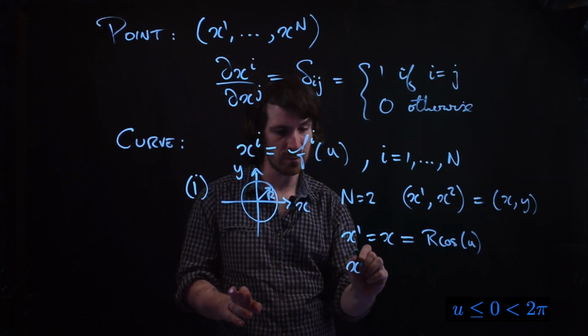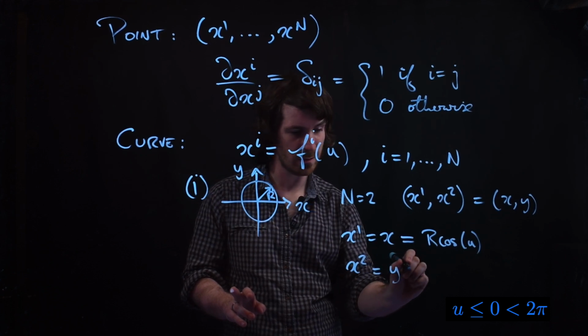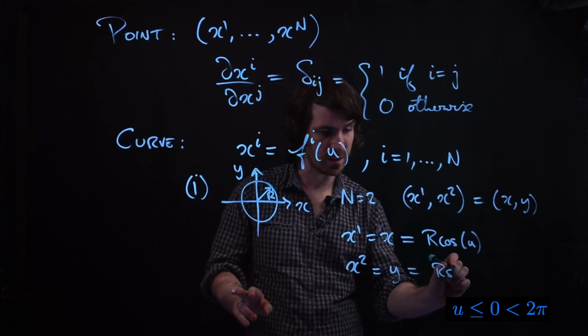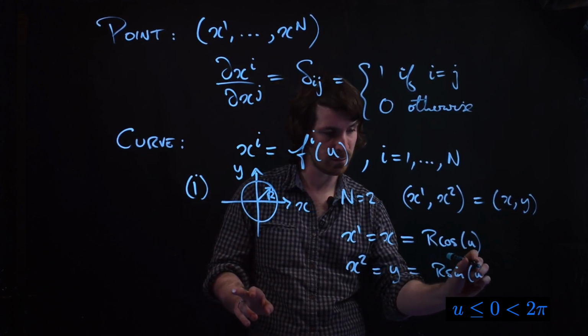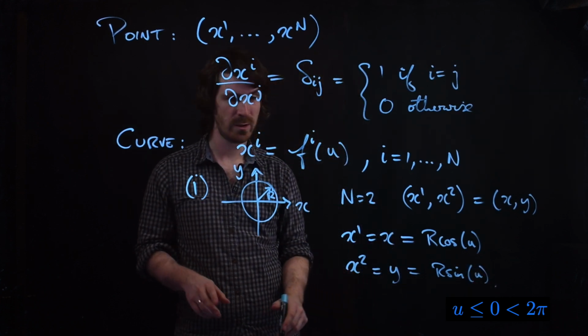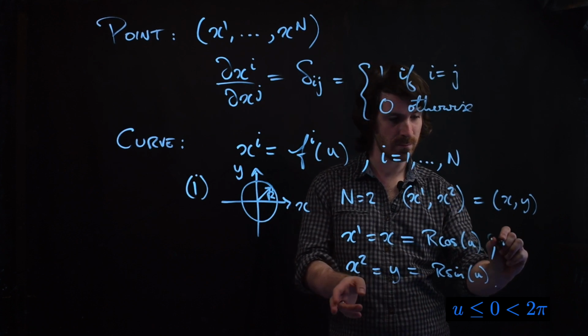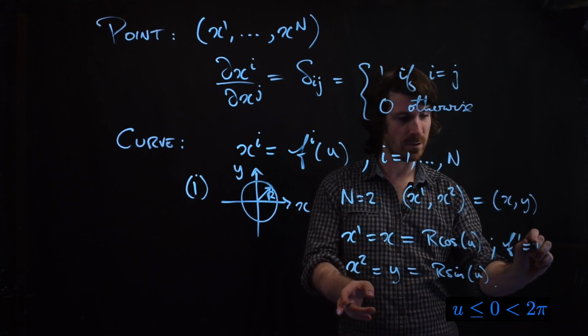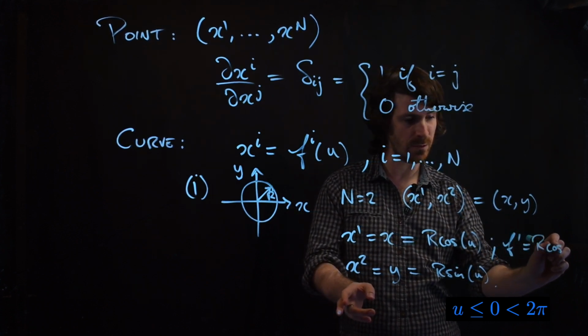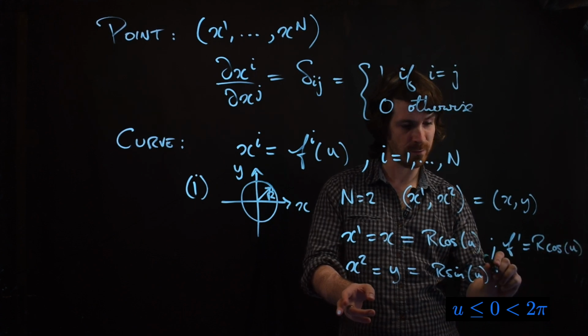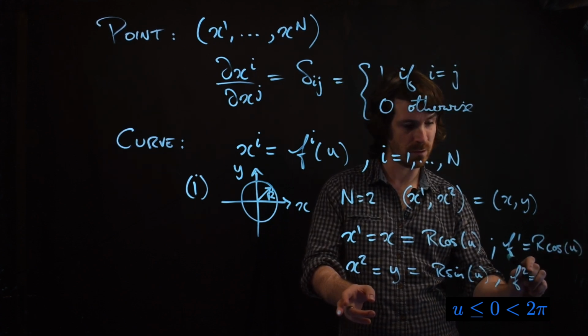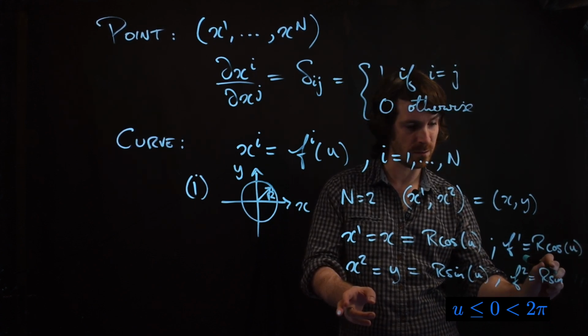And x2 is y, and that's r sine u. Okay, so here our f1 is r cosine u, and our f2 is r sine u.